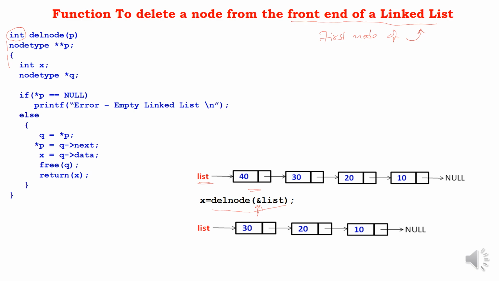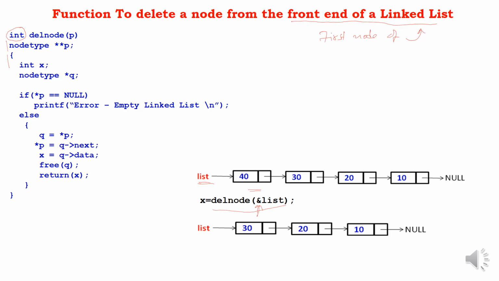The parameter we are passing is going to be modified. Whenever you call a function, if the parameter you are passing is changing, the parameter must be passed as a reference parameter. If you wanted to modify the content, the parameter should be passed as a reference parameter. Function call by reference. Because before deleting there are 4 nodes, after deleting there are 3 nodes.